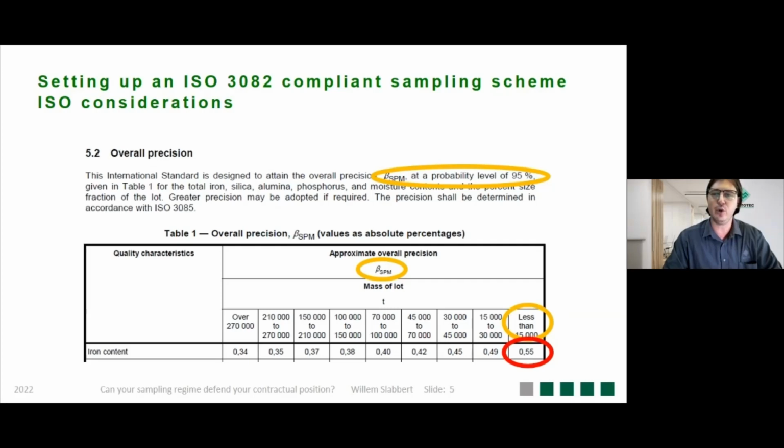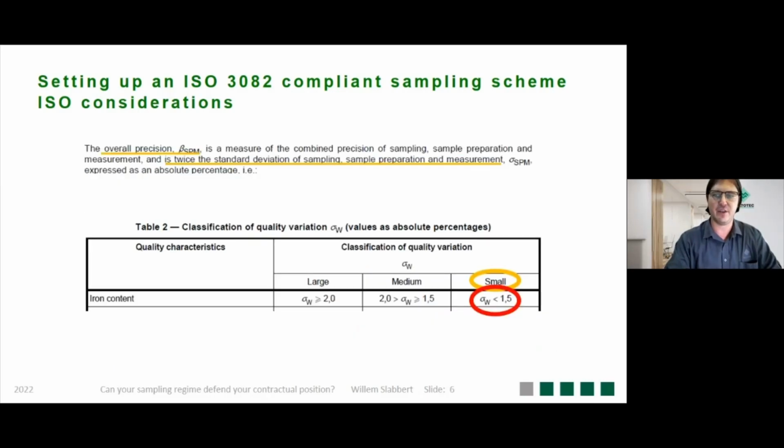That is because not all ores can be generalized into a standard, and some ores will be more variable than others. If we consider a regime here with shipload sizes of 14,000 tons, in other words, less than 15,000 tons, the ISO standard would typically give us a precision level of 0.55% indicated in the red circle.